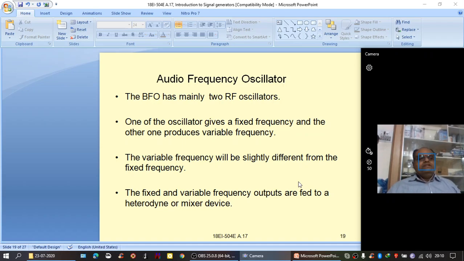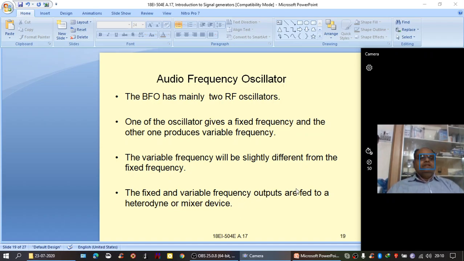Now, using high frequency filters, in addition to the BFO output, in the circuit of the beat frequency oscillator, first is the fixed radio frequency oscillator, and second is the variable radio frequency oscillator, which receives data from Morse code. The output of those two is given to a heterodyne mixer.